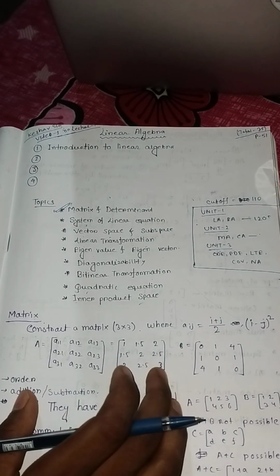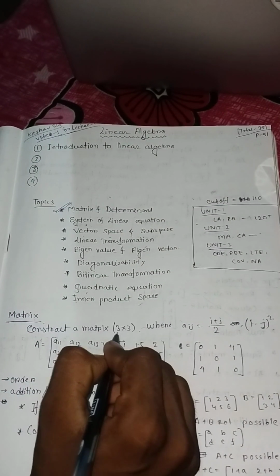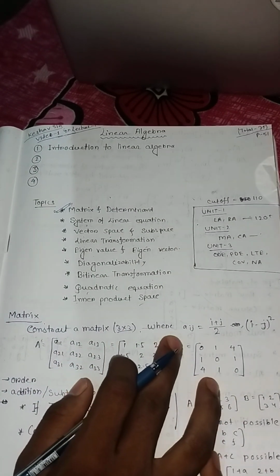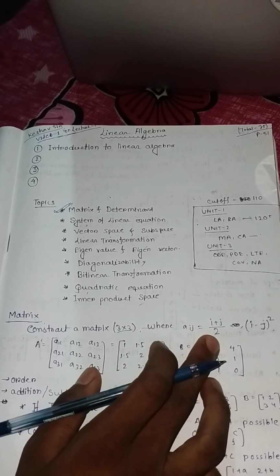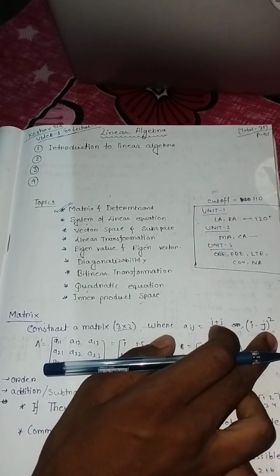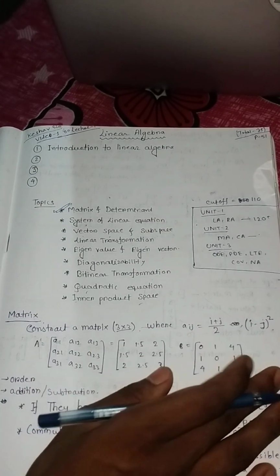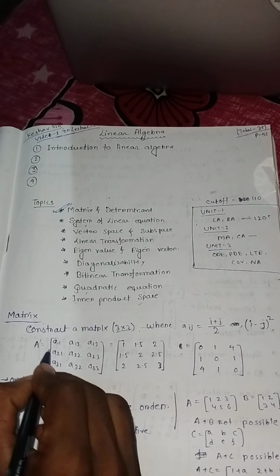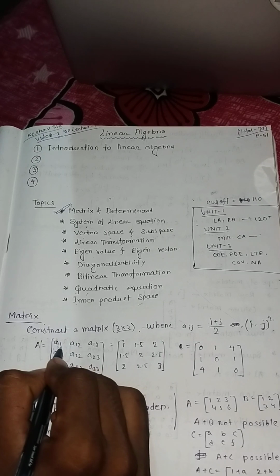Okay, so first of all, construct a matrix of order 3 cross 3. This is called the order of the matrix, where aij is equal to (i plus j) by 2 and (i minus j) whole square. Now what is the meaning of i and j? You can see here a11: the first index is the row and the second is the column.